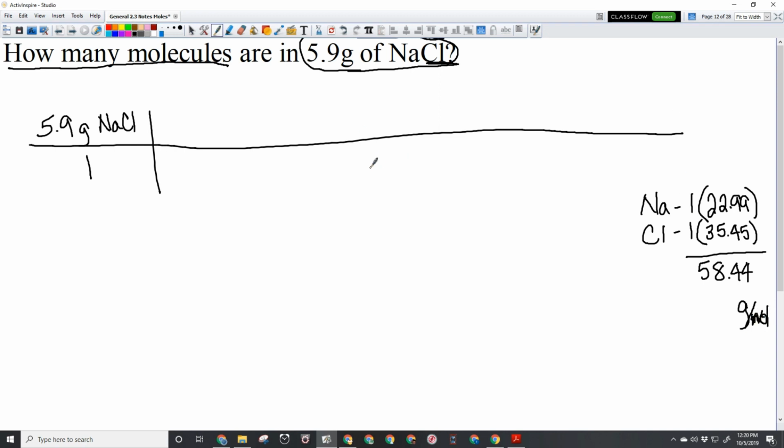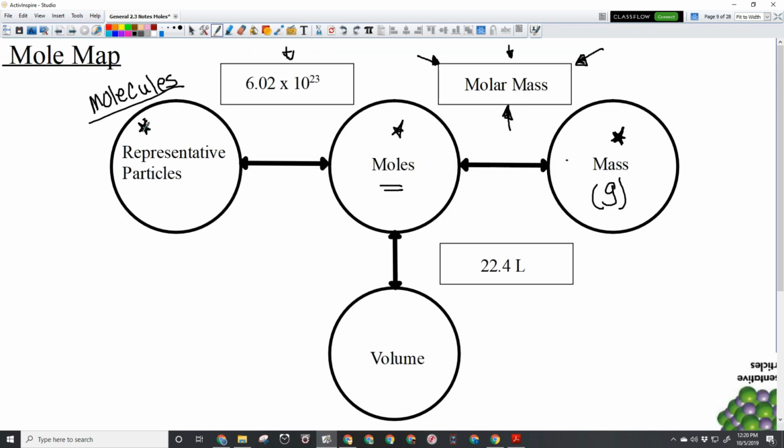All right. And the other conversion factor that we're going to need is 6.02 times 10 to the 23rd particles per mole. Remember, Avogadro said 1 mole is equal to 6.02 times 10 to the 23rd atoms.